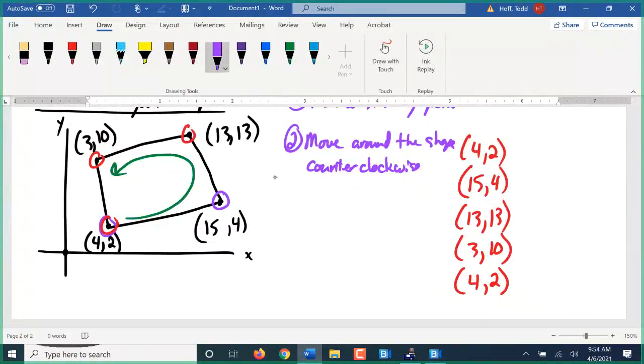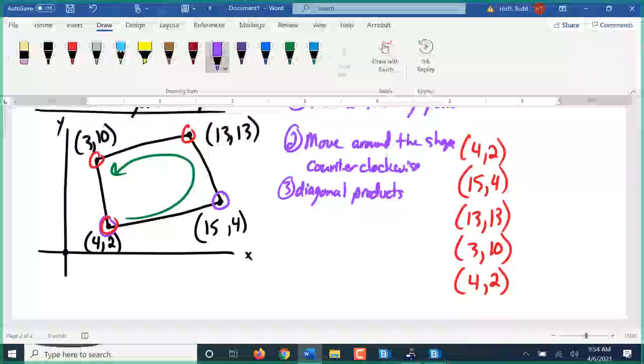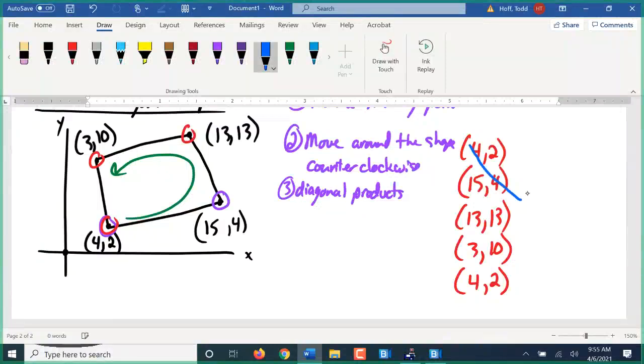Now we do diagonal products. We're going to go two directions. The first one, we're going to start with the coordinate on the right, and we're going to go down into the coordinate on the left, and we're going to go down into the right. We start with this 4, and we times that 4. So 4 times 4 is 16. 15 times 13, what is that, 195, I believe.